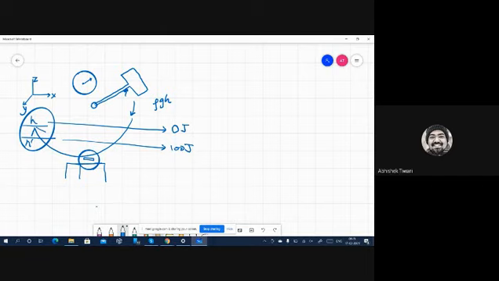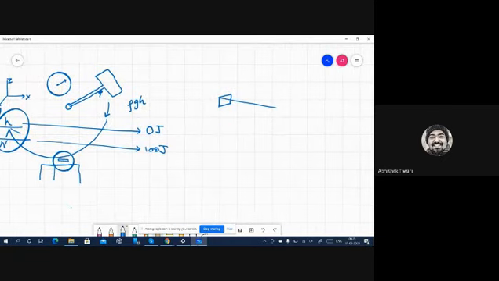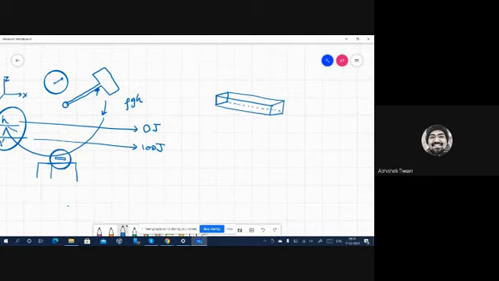So let me come to the specimen. So the standard specimen has specified dimension, which is, does anyone know the dimension of the specimen? No. Okay.